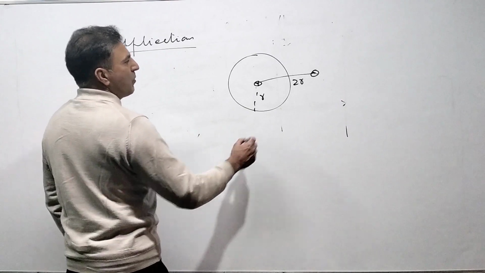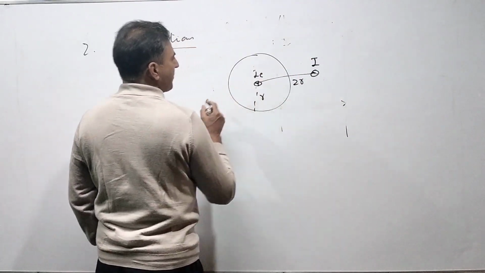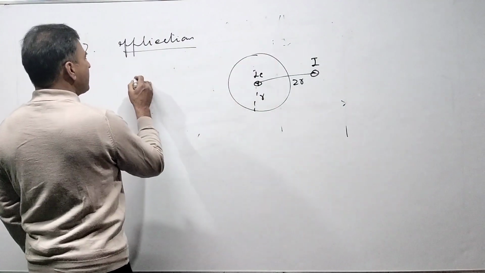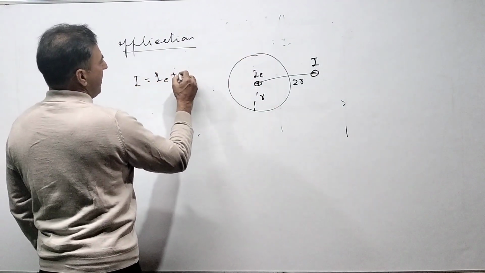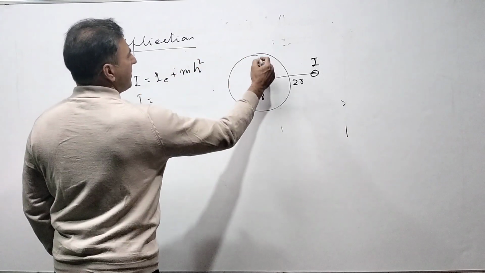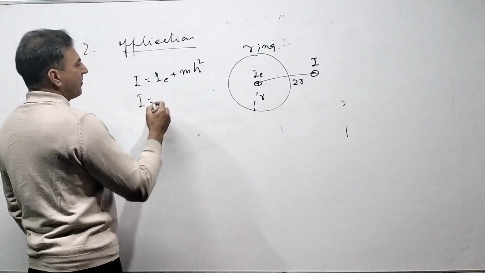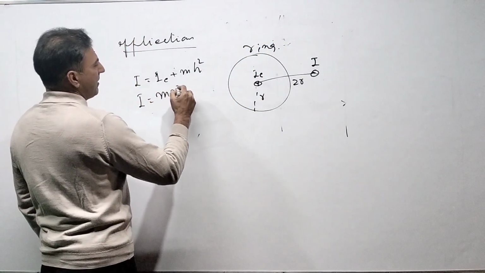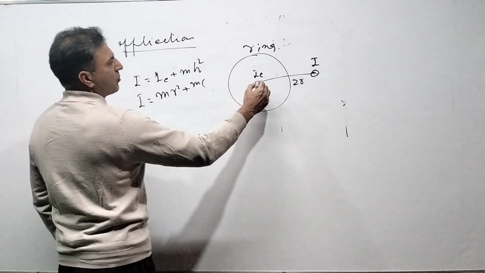So, what's the moment of inertia about this axis? Moment of inertia about the center of mass axis is given. So, I will write the formula. Moment of inertia about the new axis is equal to IC plus mh square. That is I is equal to, what is IC for the ring? It is a ring. That is mr square. That's what we know. Already we have done that. It is m. What is h square?